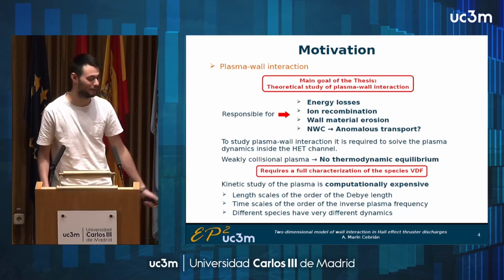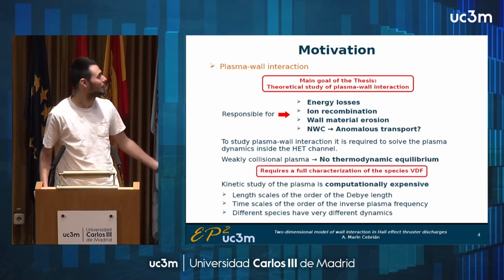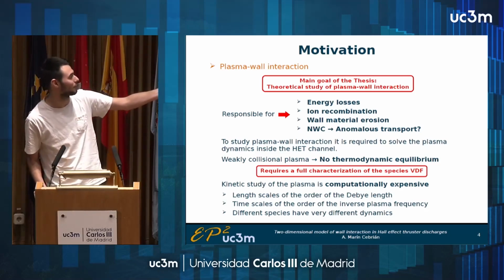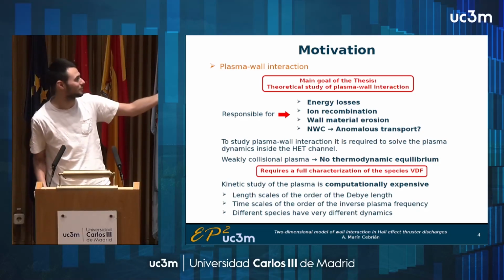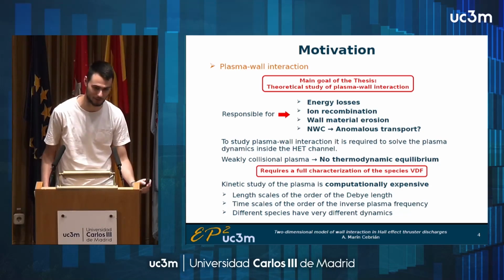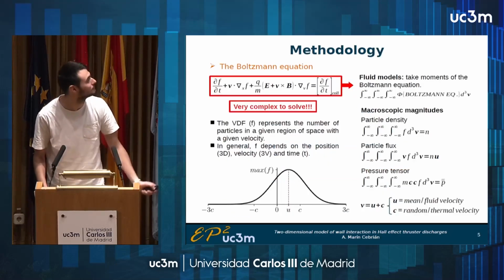This implies that we need a kinetic model for the plasma. But this is computationally expensive. We have to solve length scales of the order of the Debye length, time scales of the inverse plasma frequency, and you have different species with very different dynamics, which in the end make the simulations very lengthy.